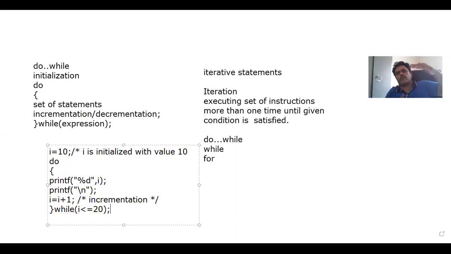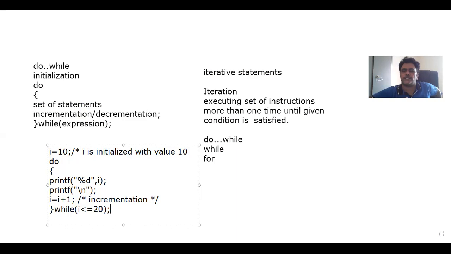So instead of writing 11 into 3, that is 33 lines of code, I am limiting the code to 3 lines itself. So this is the advantage of writing iterations. Iteration is nothing but executing a set of instructions more than one time until the given condition is satisfied or met. So there are 3 types: while, do while, and for.